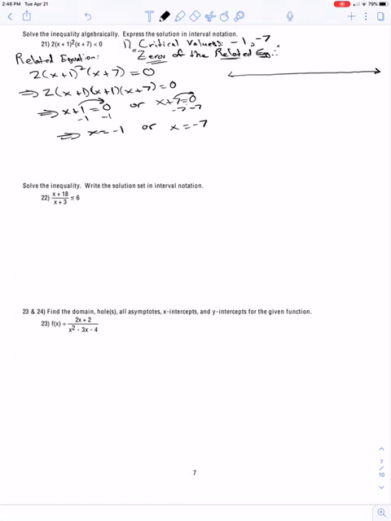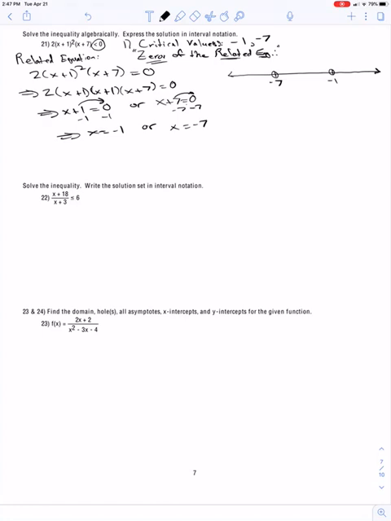With these being zeros, if you were to graph this polynomial, it's degree 3 cubic, these will be the x-intercept locations. Now with our inequality, we have a less than problem. So I want to make note of that. With it being less than, we're not going to include -7, -1 as solutions. Because we know -7, -1 make it equal 0. We want to be less than 0.